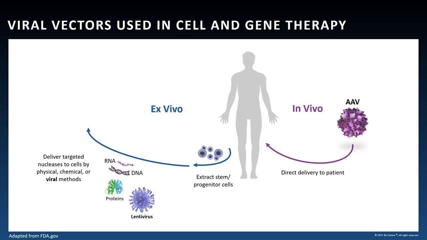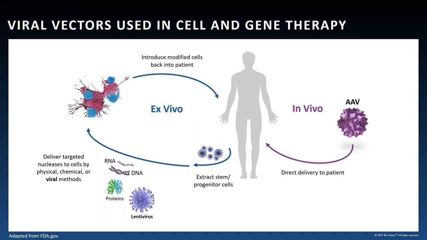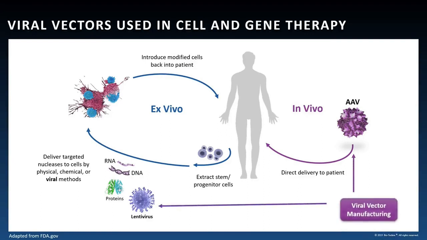As shown in the schematic, lentivirus is used for transforming cells in ex vivo cell therapy. And after the cells have been programmed, they can be reintroduced into the patient, where they now can fight a tumor, for example. Importantly, both the AAV and lentivirus need to be produced in high amounts and of high quality in a process collectively called viral vector manufacturing.